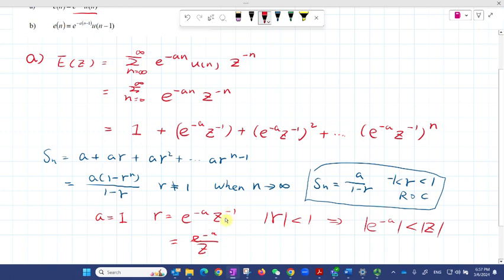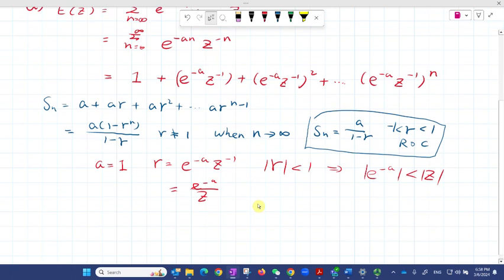The z to the power of negative 1 just goes to the denominator. This is a fraction smaller than 1, so the numerator has to be smaller than the denominator.